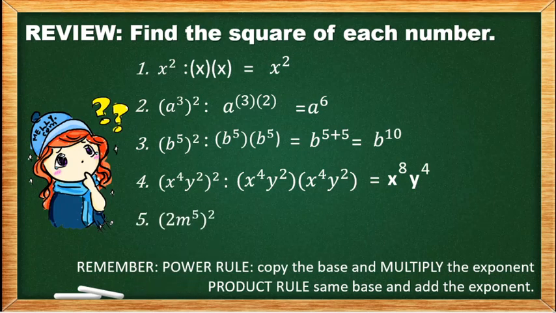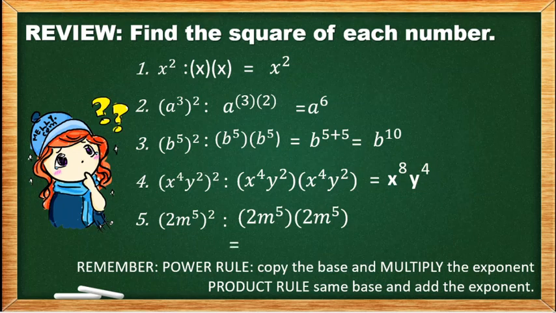And the last example, this one has a numerical coefficient and a literal coefficient. The numerical coefficient is 2. The literal coefficient is m with an exponent of 5. So, 2m raised to 5 squared. So, what will we do? Copy it 2 times. Then, we need to multiply first the numerical coefficient, the 2.